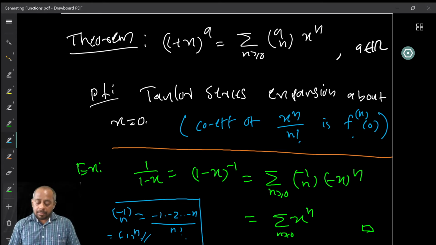So we get that. So this is basically minus 1 whole raised to n into minus x whole raised to n, which is minus 1 into minus x, which is x whole raised to n. Right? So therefore, it is summation x raised to n. So we have a proof that summation x raised to n is equal to 1 by 1 minus x.